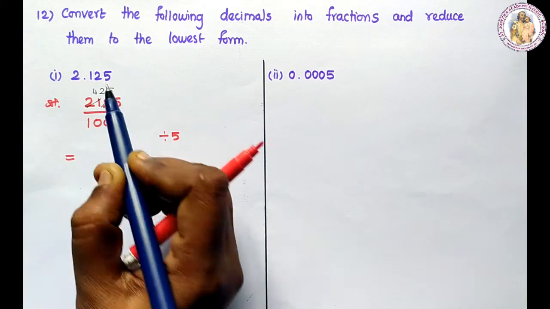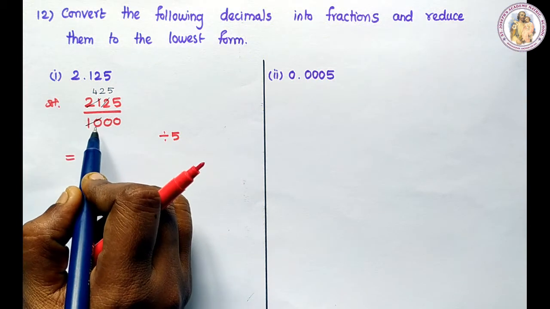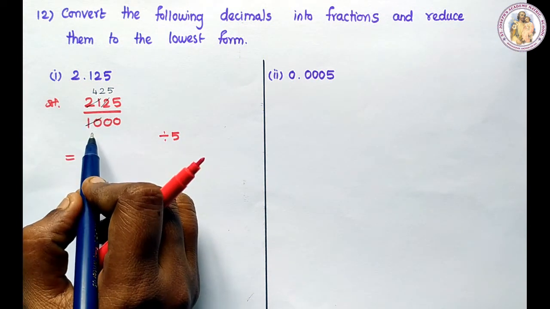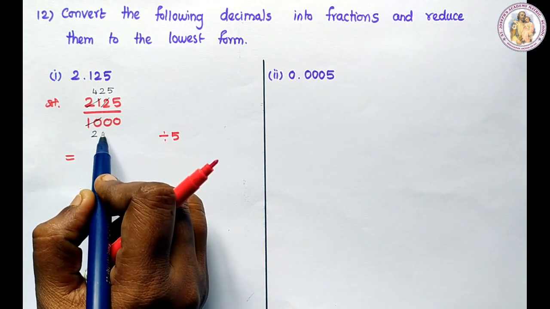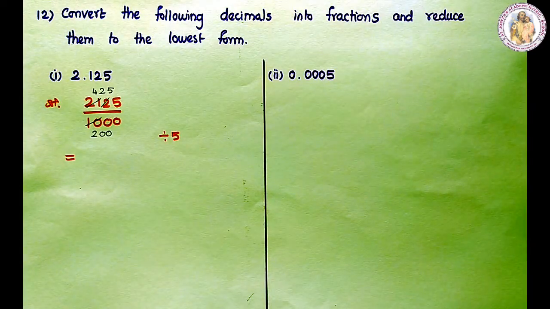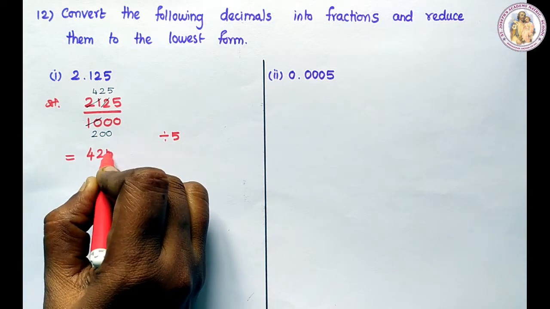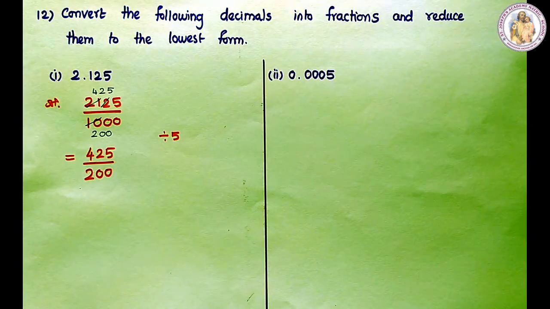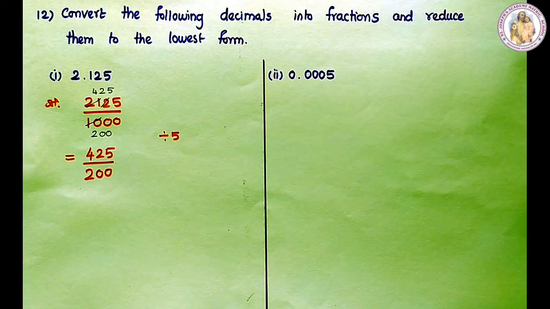So 5 5s are 25. Here, divided by 5 means we get 2. Put the 2 zeros means 200. Now write down the remaining numbers. 425 divided by 200. Now again both are divisible by 5.